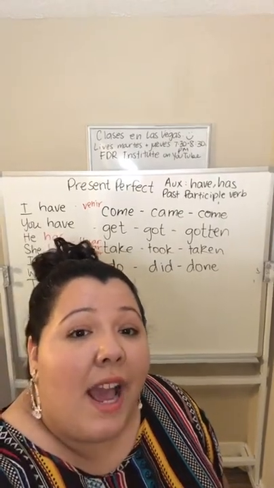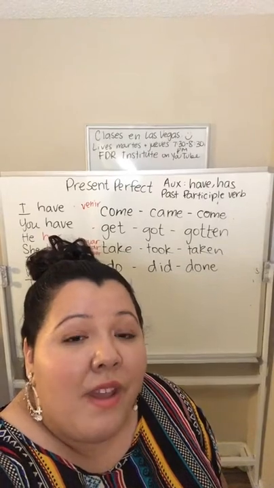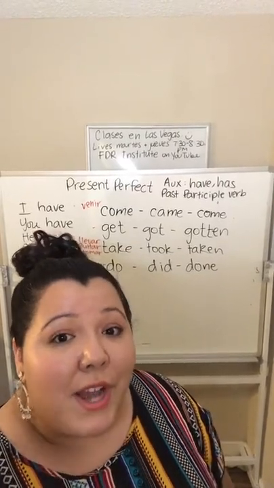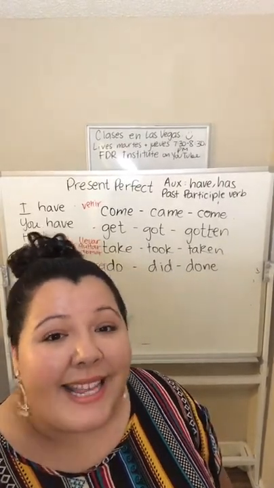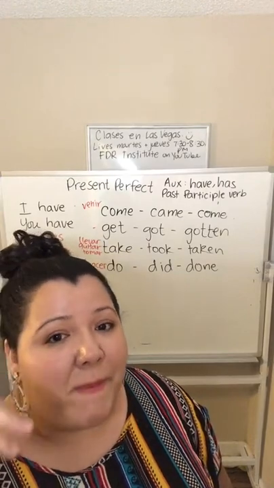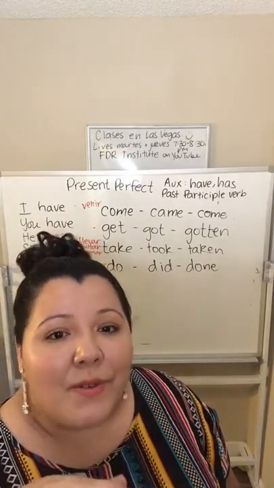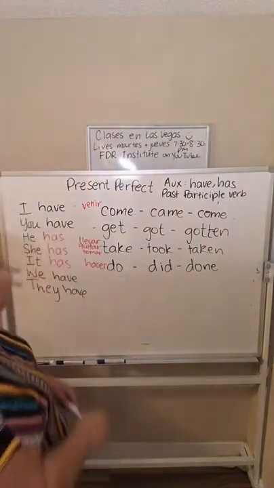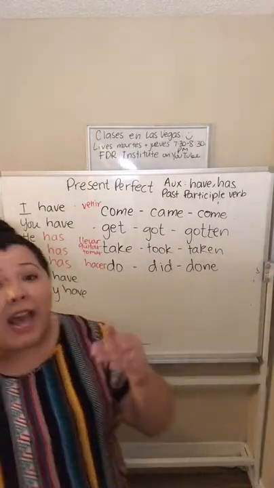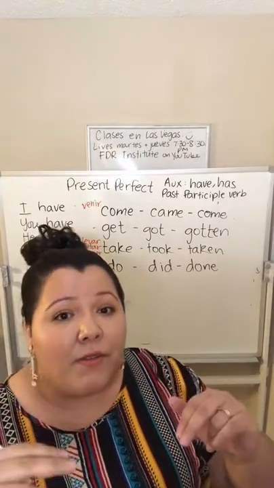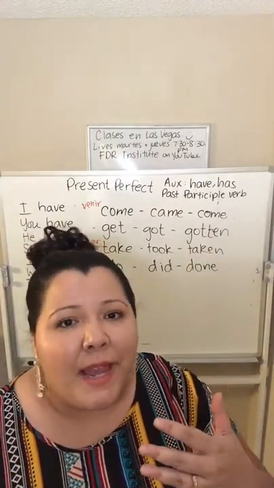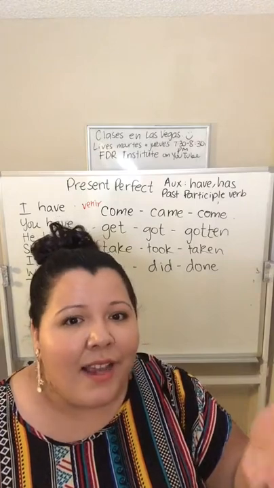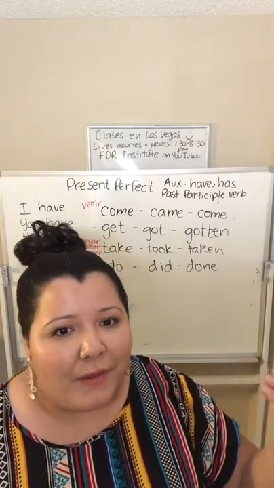Now, yo enseño inglés americano, así que nosotros utilizamos gotten. En otros países se dice got del pasado participio, pero aquí en Estados Unidos lo más correcto, lo más que se acepta es gotten, es el pasado participio. Right? So it just depends. Pero muchas personas, aún native speakers de Estados Unidos, no se los aprenden tan bien porque no nos enseñan en la escuela los pasados participios de los verbos irregulares.